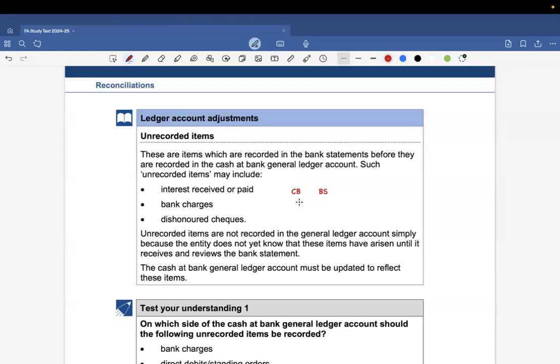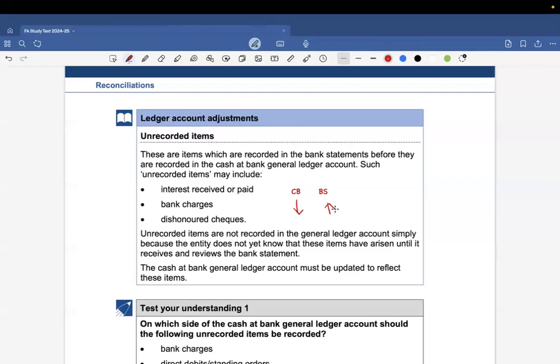So at that time, your cash book balance remains low and the bank balance increases, right? You haven't recorded the interest, and that is why your cash balance is less. This is called unrecorded items.